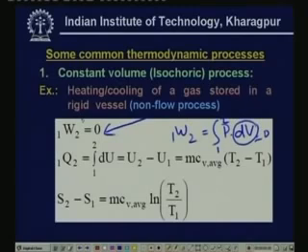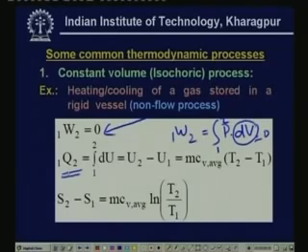Okay. Then we can find out this expression for heat transfer during this process using the first law of thermodynamics for a non-flow process. As you know, the first law of thermodynamics for a non-flow process is given by 1Q2 is nothing but 1W2 plus the integral of dU.